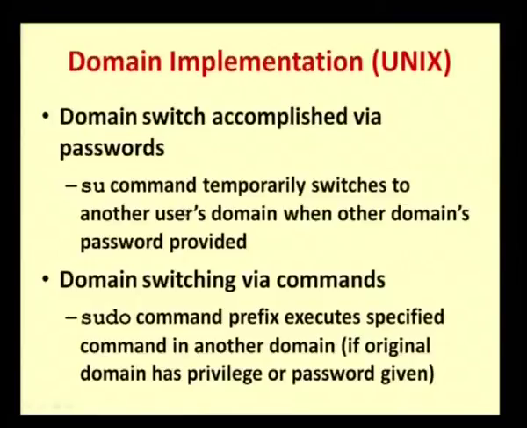When you type the su command, it temporarily switches to another user's domain when the other domain's password is provided, in the case of the Unix operating system. In the case of the Windows operating system, you just give a password and you will be in a position to access the IO devices.